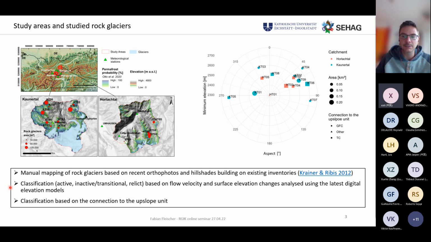These were analyzed using the most recent digital elevation models that we have available. We further classified the rock glaciers based on the connection to the slope unit.